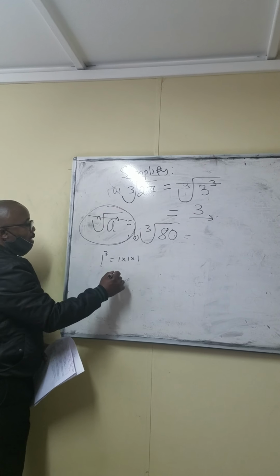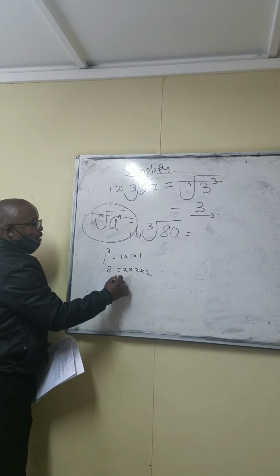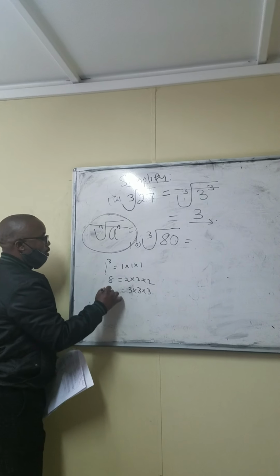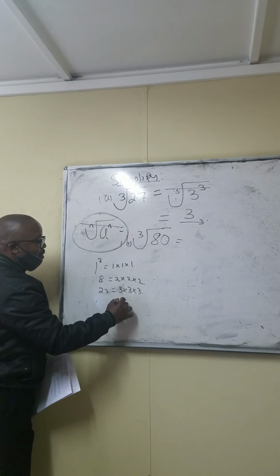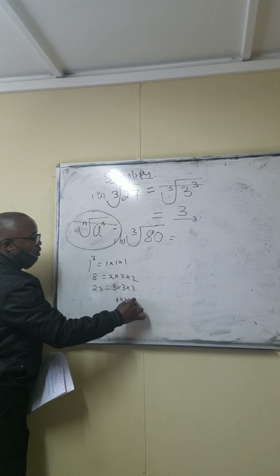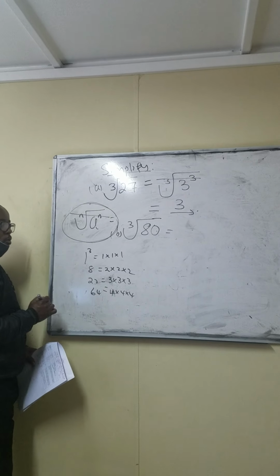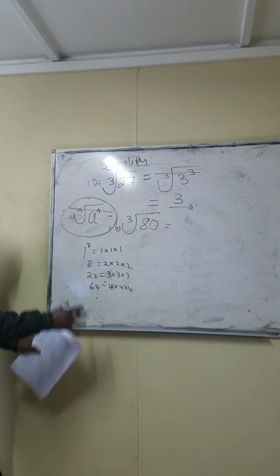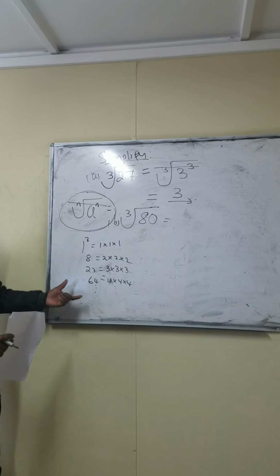The next cube number is 2 times 2 times 2, which is 8. The next is 3 times 3 times 3, which is 27. The next cube number after 27 is 4 times 4 times 4, which is 64. It goes on and on. The pattern continues as it appears here.